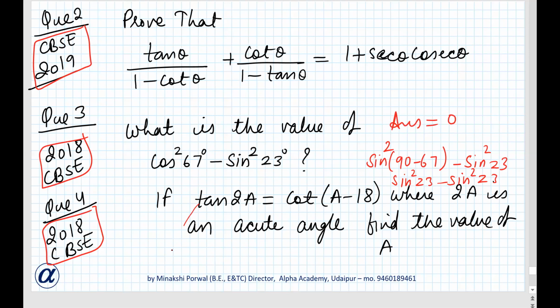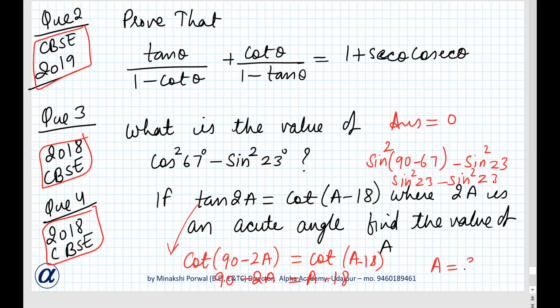Here tan 2A can be written as cot (90 minus 2A) and it is equal to cot (A minus 18). Okay. So this can be written as 90 minus 2A equals A minus 18, and we'll get the value of A as 36. Okay. So this is the answer for this. And we have seen the solution. This is an exercise question, fifth question, third part, which we have already seen.